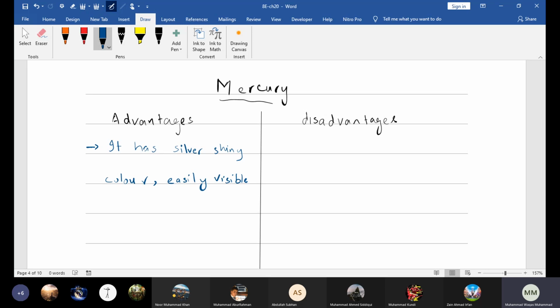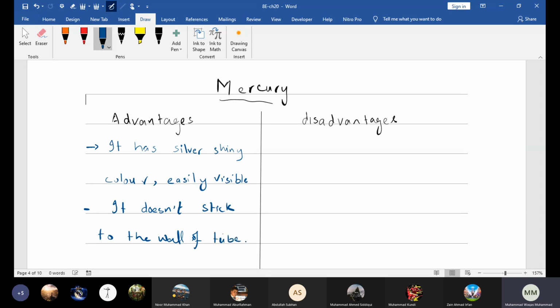Second, it does not stick to the walls of the tube of the thermometer, right? Mercury does not stick to the walls of the capillary tube.